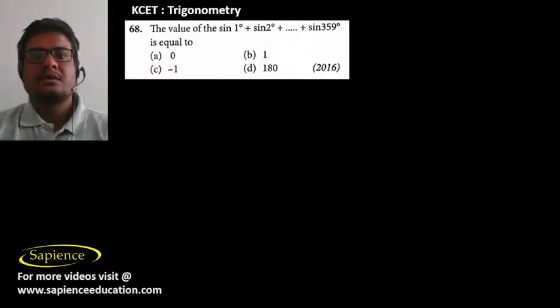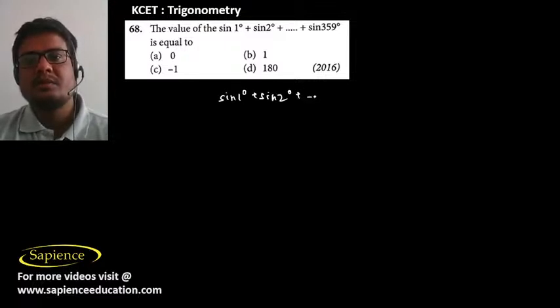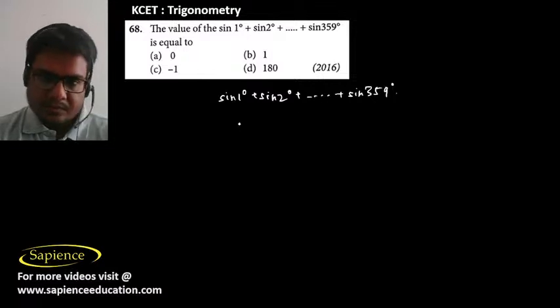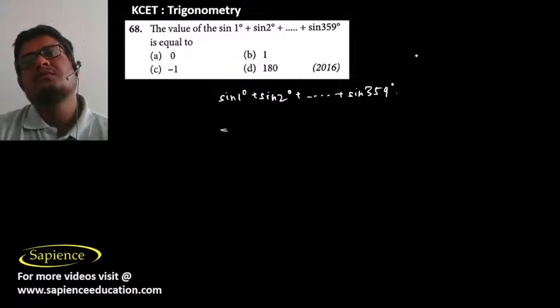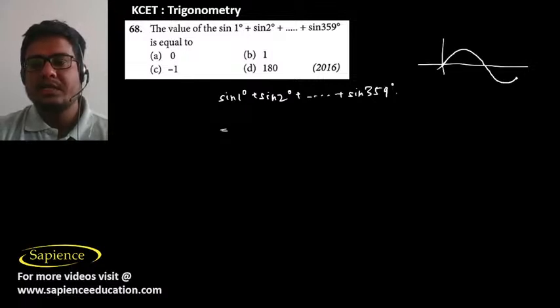Then in question number 68, it has been asked to find the value of sine 1 degree plus sine 2 degree plus dot dot dot till sine 359 degree. So this is equal to how much? The graph of sine x is obviously like this.